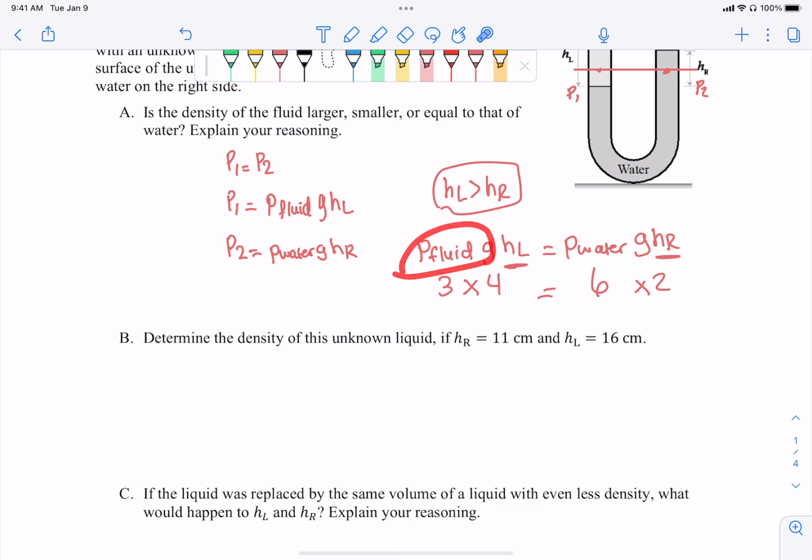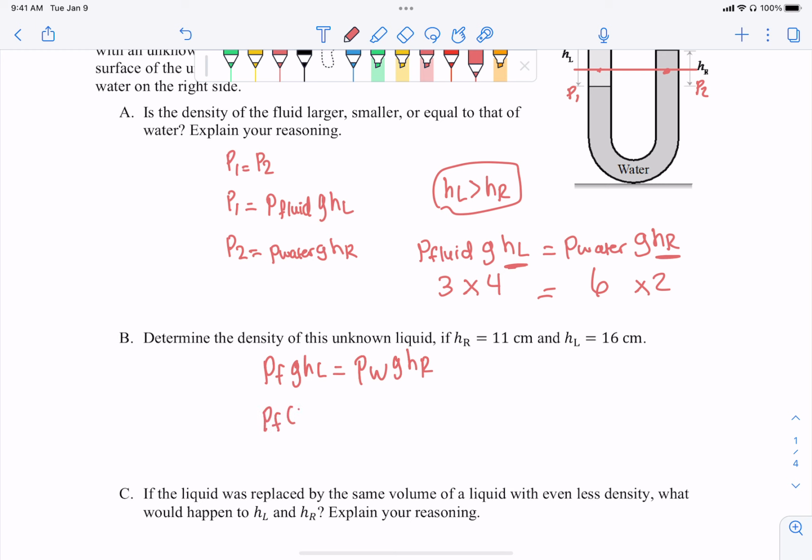So we can solve for rho fluid: rho fluid times gravity times HL is equal to rho water times gravity times HR. It's just a matter of substituting values.